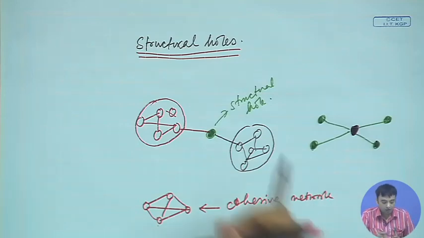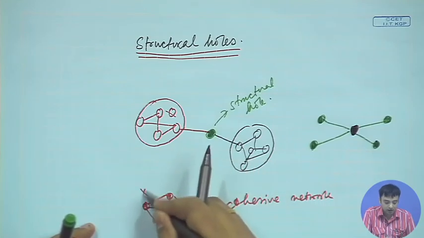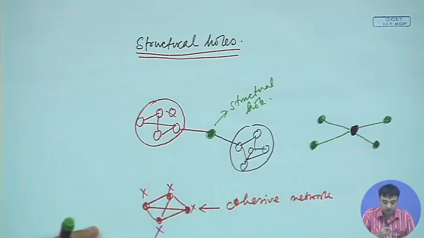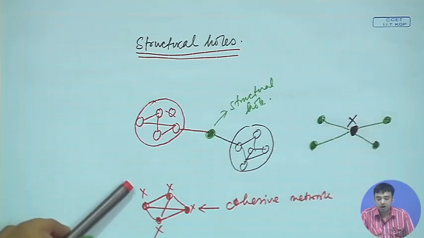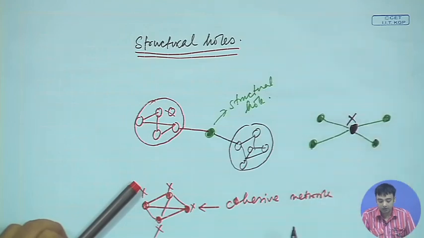Okay. So, none of the nodes here, for instance say this node or this node or this node or this node, none of them are structural holes. Here also this particular black node is not a structural hole, because it does not enjoy any extra information more than either of these green nodes.